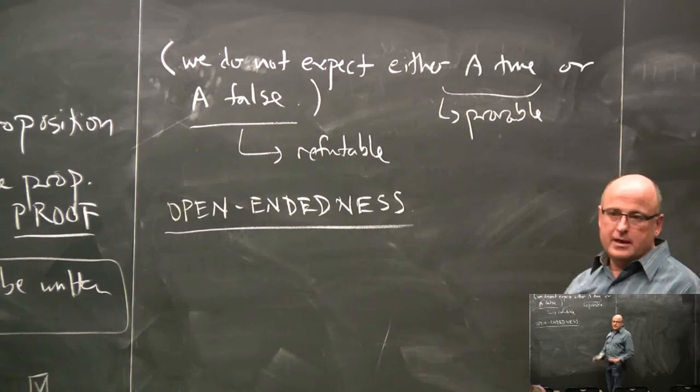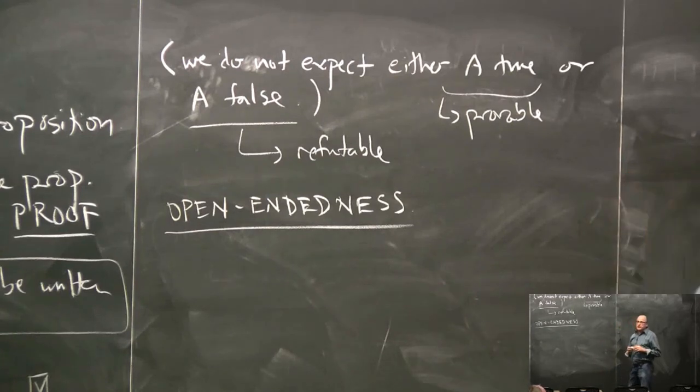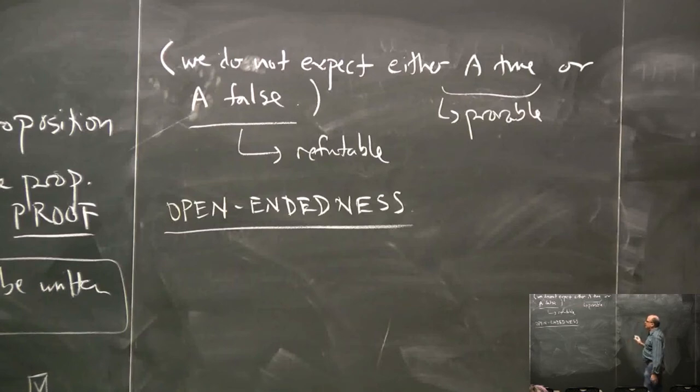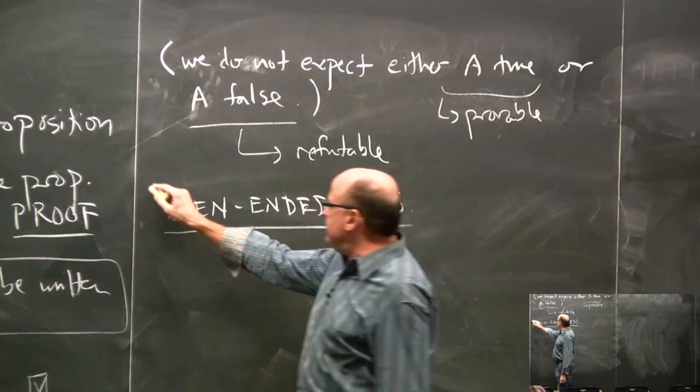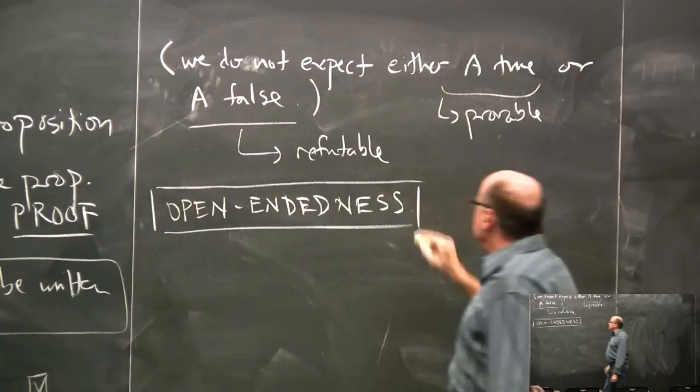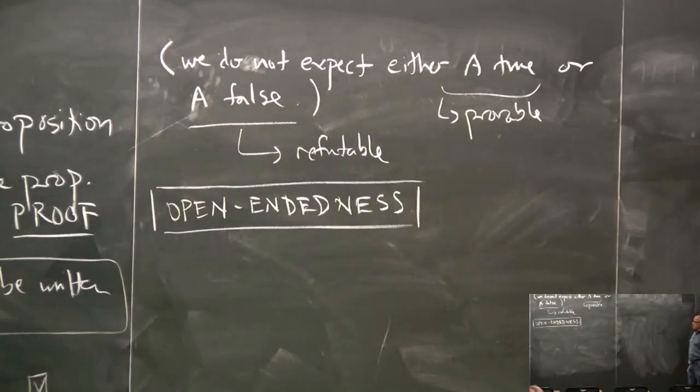Okay? That's the core of Gödel's argument, right? I cannot start out and tell you, here are all the ways you can prove something, and that's the end of it. Because as soon as I do that, then I can diagonalize out of it. So you're never going to win that game. Okay? So that's what I mean by open-endedness, and why I want to distinguish the concept of formal proof from the concept of a proof.